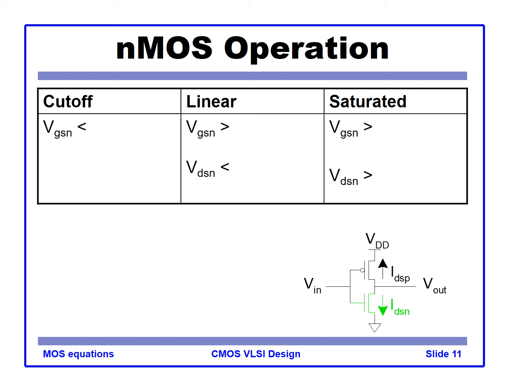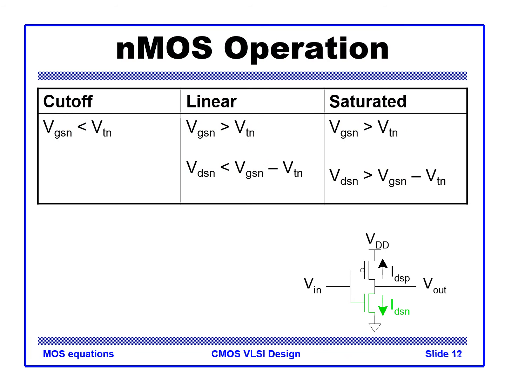Let's look at the MOS operating region. For cutoff, VGS of the MOS must be less than VTH. For the linear region, VGS must be greater than VTN, and VDS must be less than the overdrive voltage, VGS minus VTN. For the saturation region, VGS is again greater than VTH, and VDS must be greater than VGS minus VTN.